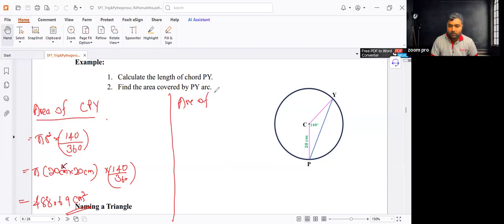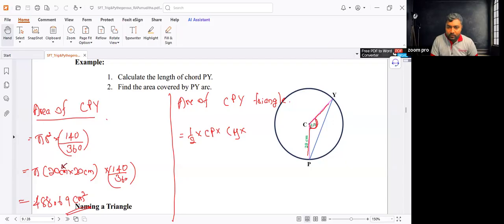Then you have to find the area of the CPY triangle. Then half into CP into CY. When you are choosing the angle for this equation, you have to choose the angle in between these two sides, the two sides responsible for creating this angle.